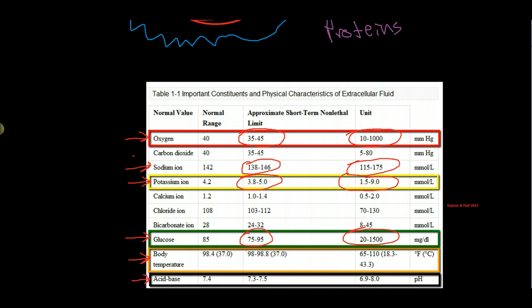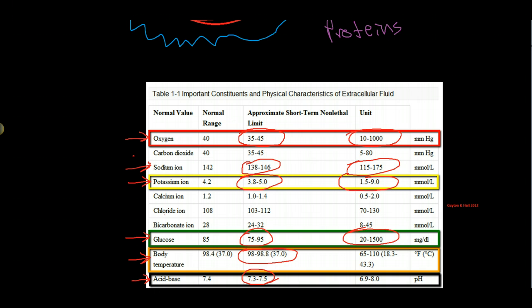And the cell can't warm itself or cool itself, so the fluid that it's suspended in has to be a specific temperature in a very narrow range. And likewise for pH.